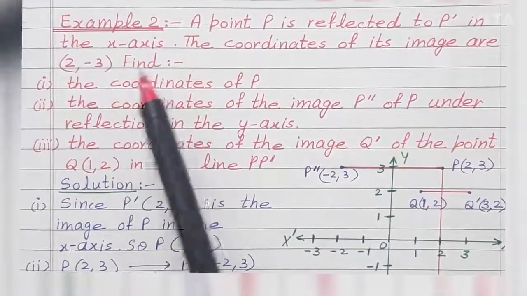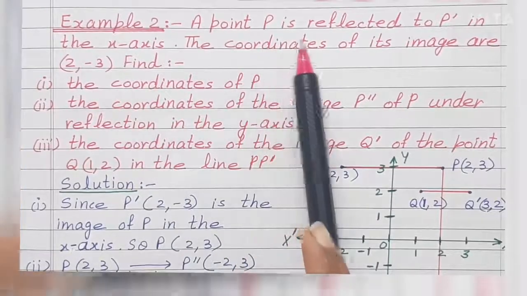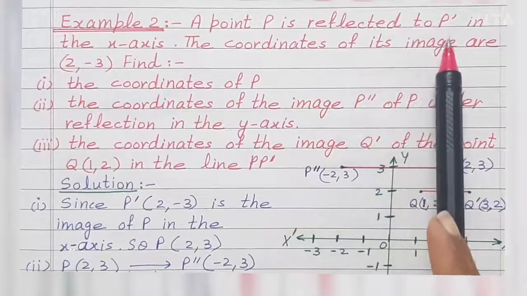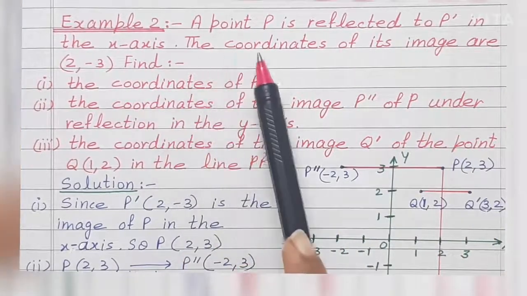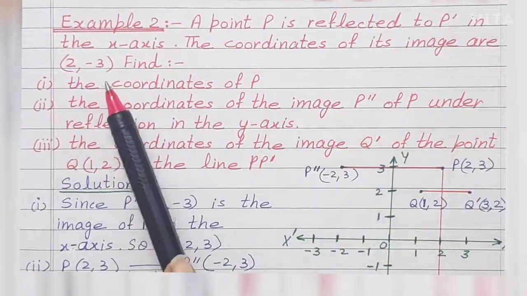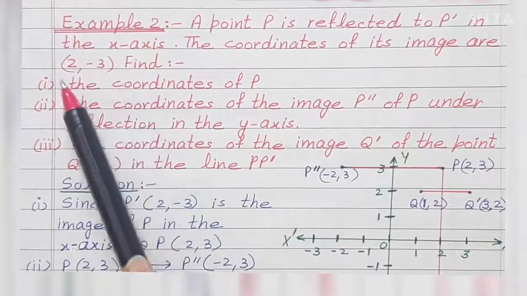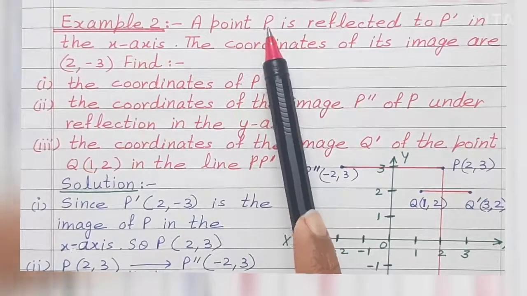Now let us discuss example number 2. A point P is reflected to P dash in the x-axis. The coordinates of its image are (2, -3). That means P dash is given to us and we need to find P. Clear?